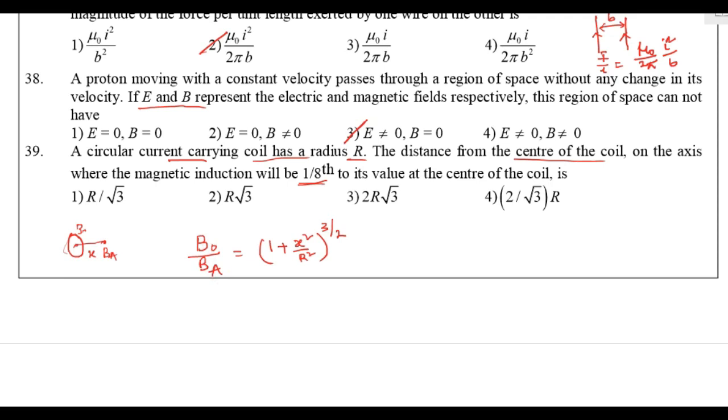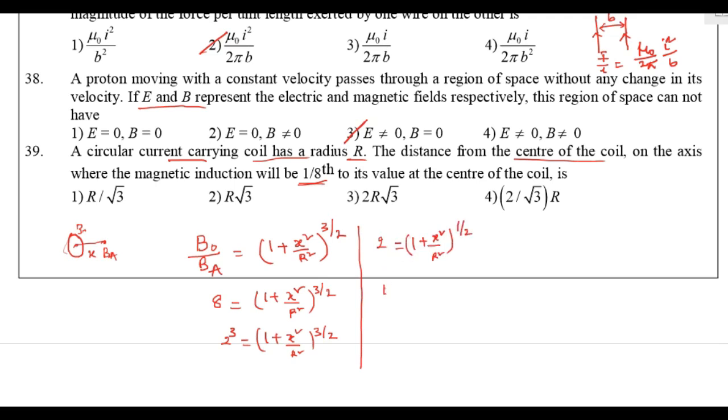So B naught by B is 8. So 8 is equal to 1 plus x square by r square whole power 3 by 2. I can write 8 as 2 cube. 2 cube is equal to 1 plus x square by r square whole power 3 by 2. Then applying cube root on both sides, we get 2 is equal to 1 plus x square by r square whole power 1 by 2.